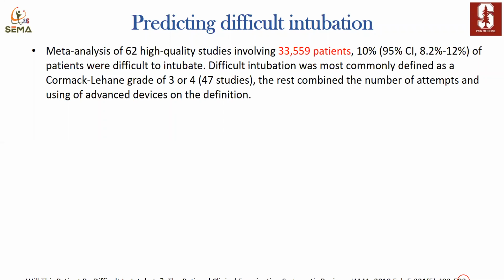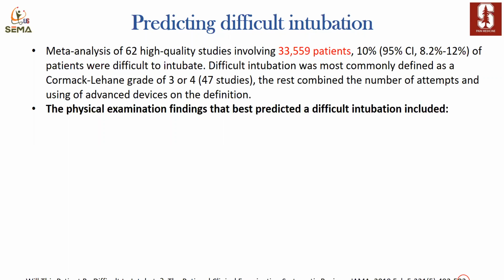The incidence of difficult intubation in this meta-analysis was 10%. Again, most of the studies defined difficult intubation as Cormack-Lehane grade 3 or 4, but some studies adjusted that definition and added the number of attempts, basically more than 3, and whether you used an advanced device or not. So, okay, what are the physical examination findings that best predict a difficult intubation?